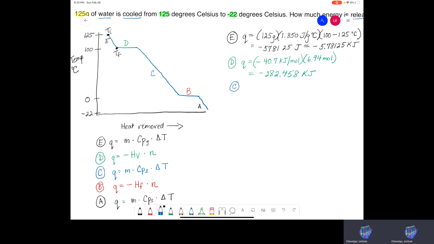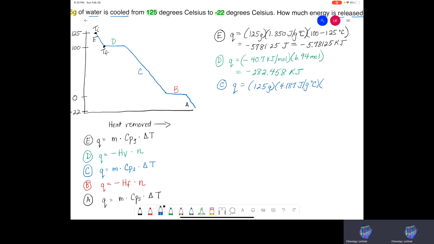C. Temperature change. Q equals the mass, which is still the same, 125 grams. Now we have the specific heat of a liquid. That is 4.817, and that is going to be joule per gram degree Celsius. Now our temperature change for C. Initially, I'm here. Final, I'm there. So T initial, T final.